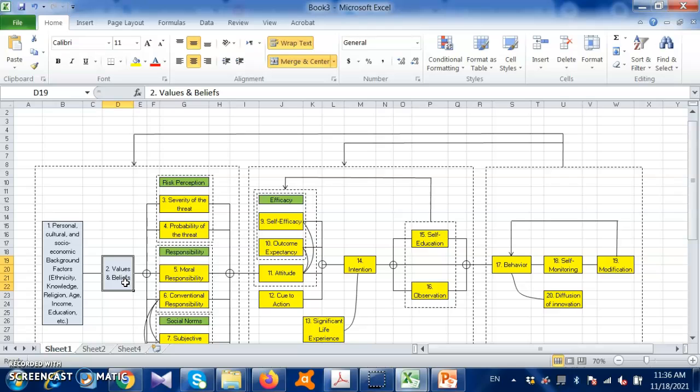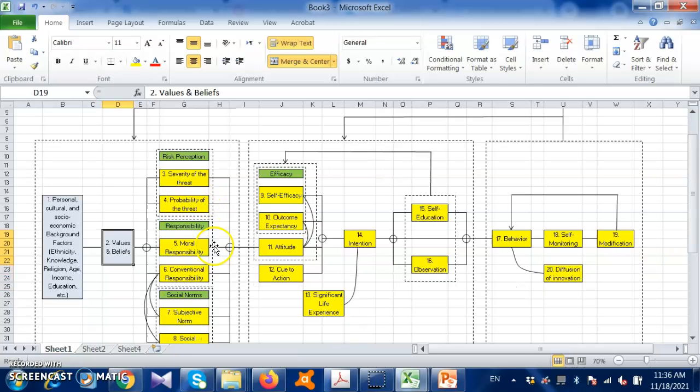And if you survive a hurricane or a hurricane alarm, and you see that it did not really hit, or it wasn't as severe, or it was more severe, that also changes a lot in the risk perception component, whether it's severity or probability. We also have in stage number 2 a small loop of feedback, which is once you self-educate or observe, that also feeds back into your self-efficacy and attitude as well.